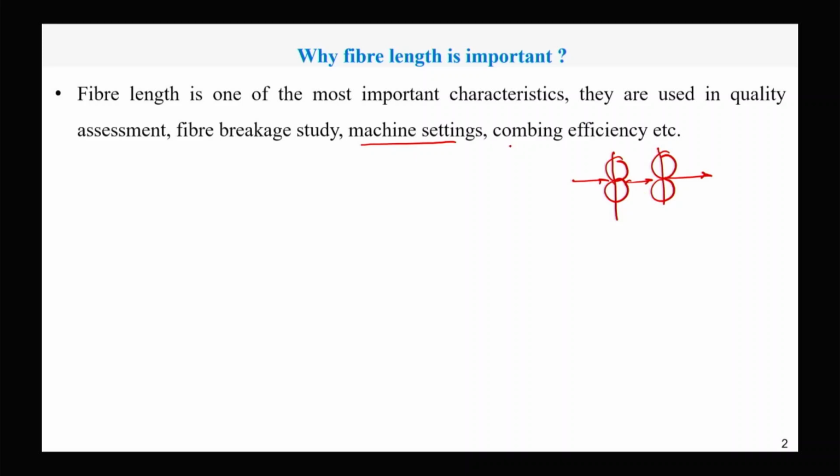And also to assess the combing efficiency. Combing's function is to remove the short fiber. This is the prime function. So how much fiber is being removed from the combing lap, feed lap, that can be assessed by testing the fiber length before and after combing.